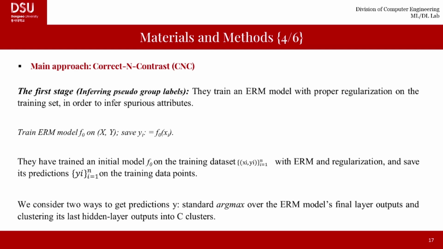Basically here they input the training dataset X, Y, which is divided into positive and negative portions. The positive is M and negative is N. In stage one, the inference procedure for the group labels, they train the ERM model f naught on X, Y. So they save the y hat, where y hat equals f theta of x_i.